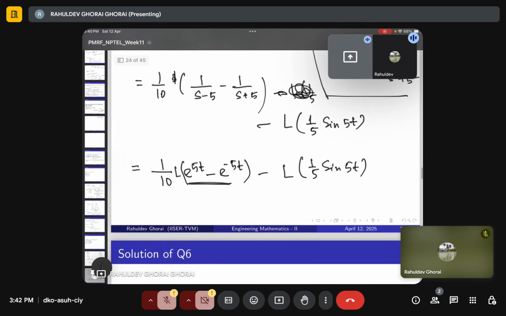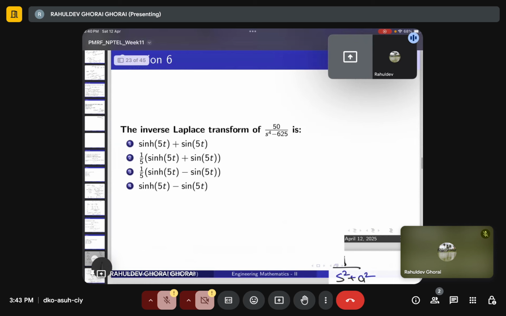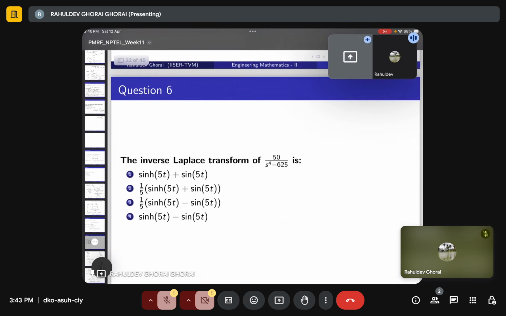This one you can show that this is 2 times sine hyperbolic 5t. So things will be L of 1 over 5 sine hyperbolic 5t minus sine 5t. So sine hyperbolic 5t minus sine 5t. So third option will be correct.